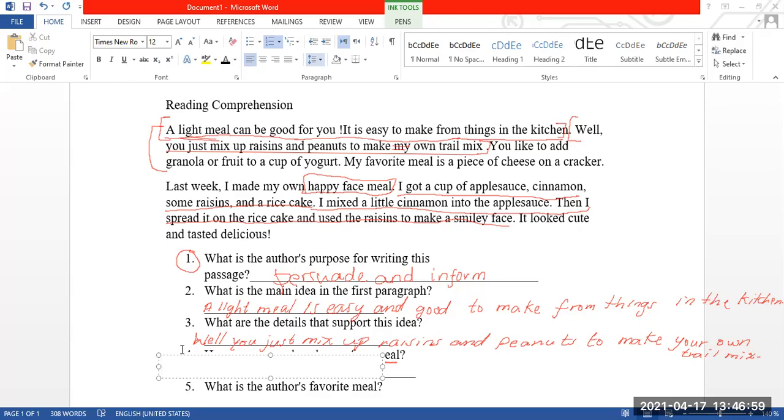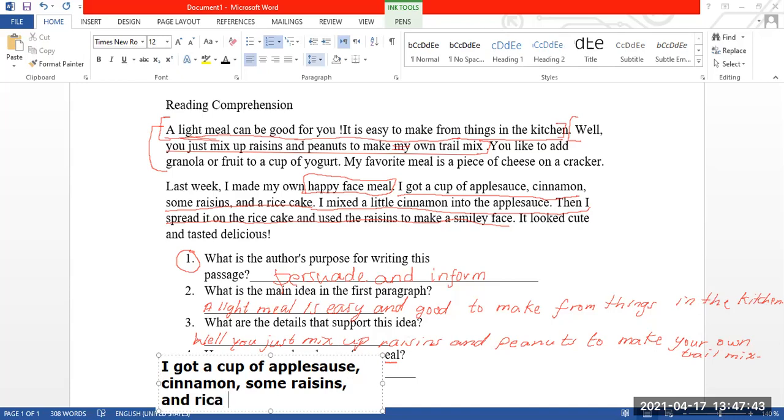Okay, you can start from, let's say, I got a cup of applesauce, cinnamon, some raisins, and rice cake.